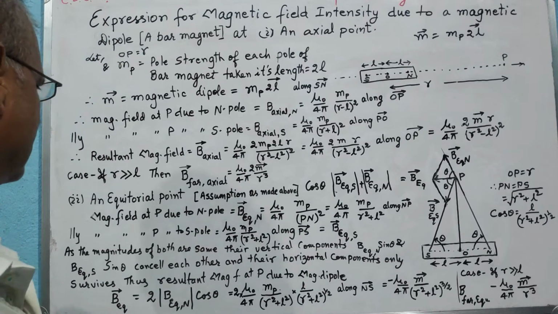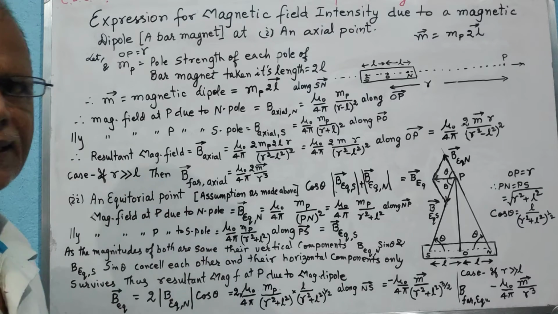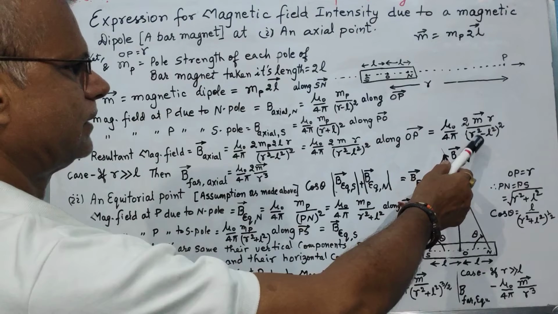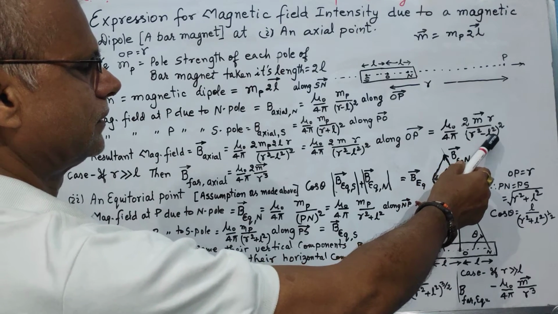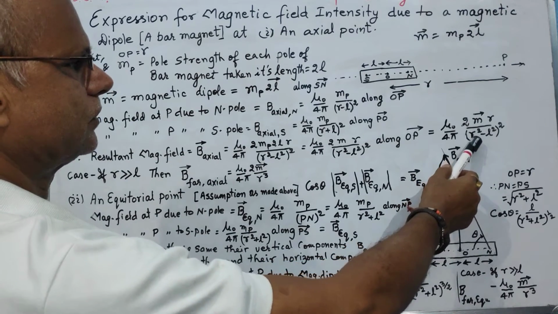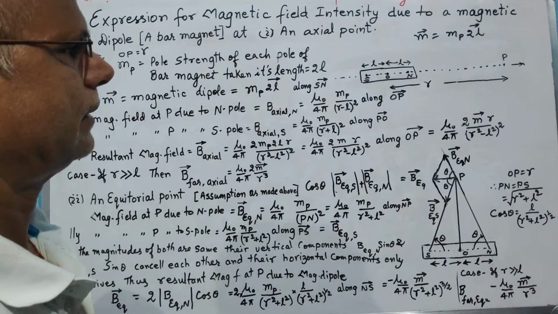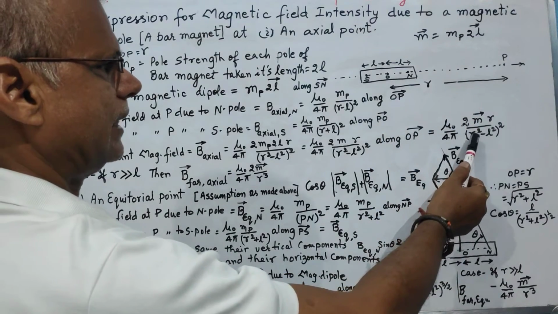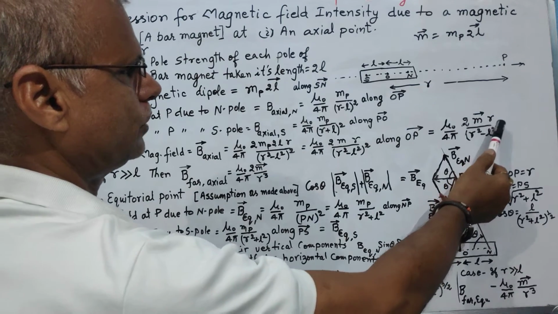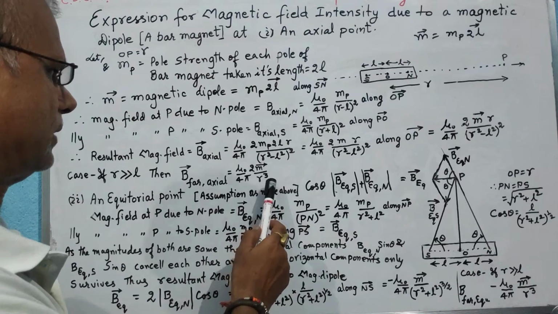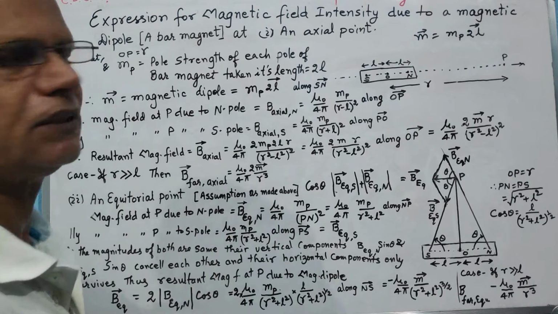Now if we consider that r is much greater than l, then in this expression you can ignore l as compared to r. Therefore we have r to the power 4 in the denominator and one r in the numerator, so they cancel each other and you are left with r cube in the denominator.